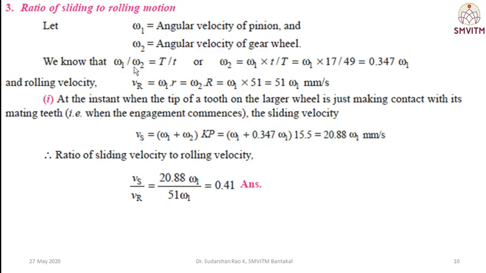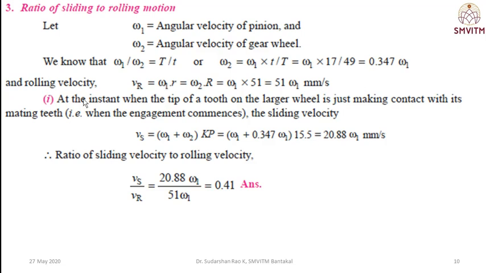Omega 1 by omega 2 equals capital T by small t, as we discussed initially, so omega 2 is equal to omega 1 into t by T, therefore it is 0.347 omega 1. Omega 2 is represented in terms of omega 1.